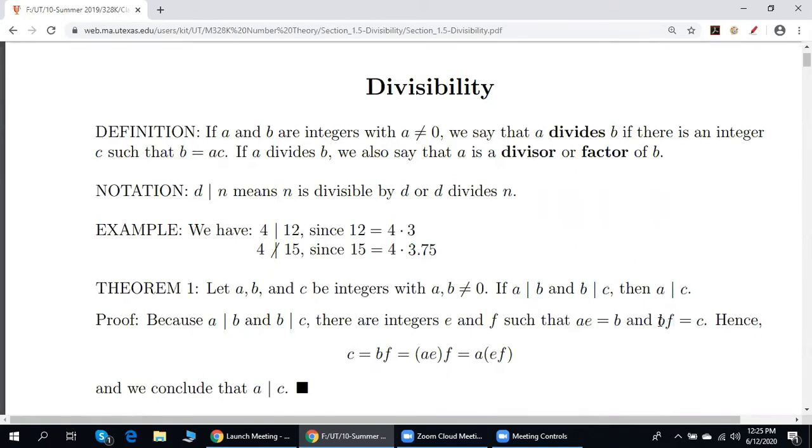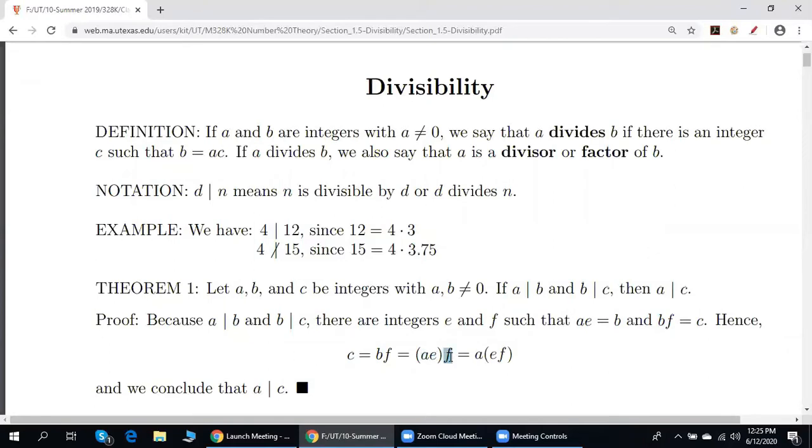And now let us start from this. It's over here. And replace B by AE. If we replace B by AE, we get this. Lastly, let us shift parentheses to the right.